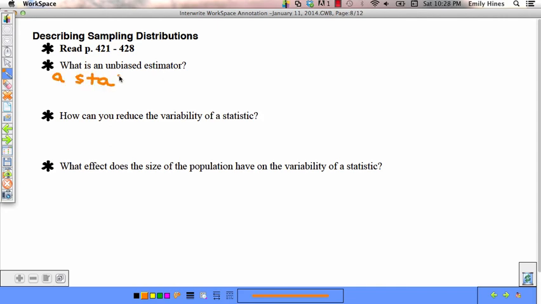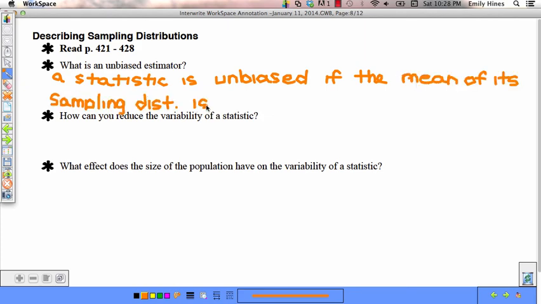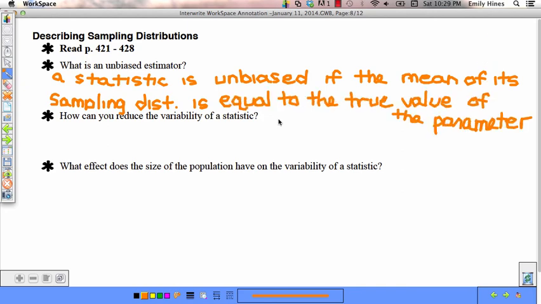A statistic is unbiased if the mean of its sampling distribution is equal to the true value of the parameter being estimated. Okay. However, this is assuming that your sampling process was okay. If your sampling process is biased, like if you don't use a random sampling process, then this goes out the window entirely.